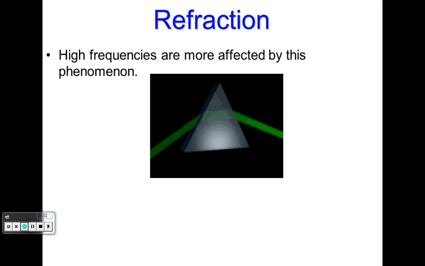So when we're talking about refraction, what is another term for refraction? What is happening to our light here? It's bending. Okay? So bending of light, and this is showing our different frequencies, our colors, and how much they bend.